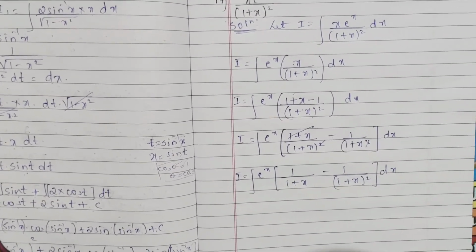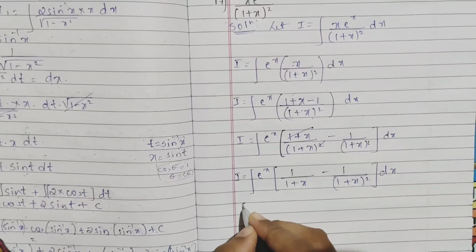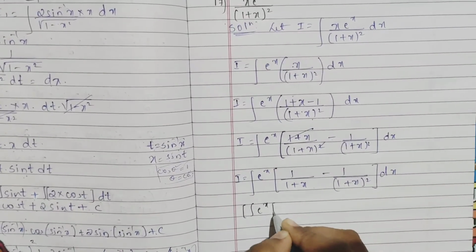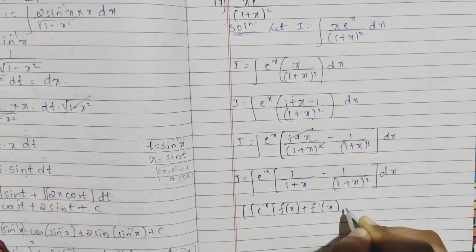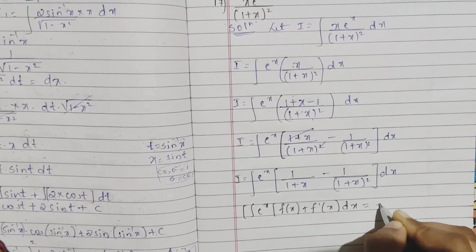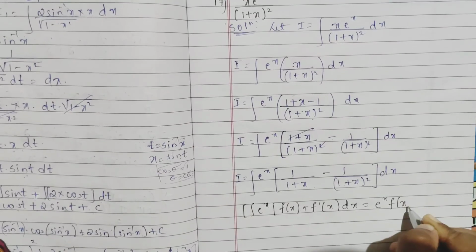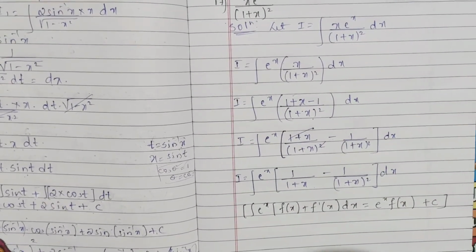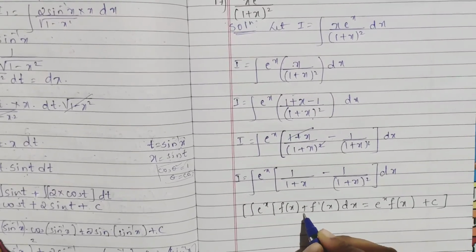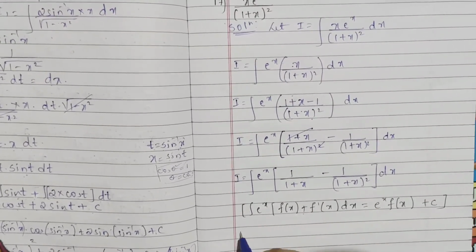Just now I had shown you, if you have integration e to the power x, f of x plus f dash of x dx, then you can take directly e to the power x f of x plus c. You can see it is of that type, but here you want a middle plus, but here we are getting minus. So how can we modify it, right?